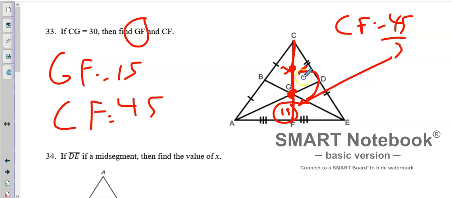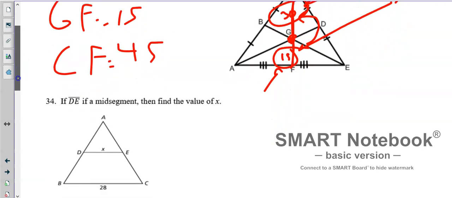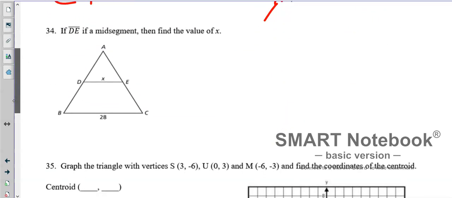And then you double it to get 30. But if they gave us the big piece, you cut it in half to get 15. If they gave us 15, you would have doubled it to get 30. So you can go any direction. You just got to be able to play with those numbers. Again, good thing to have on the cheat sheet. All those different ratios.